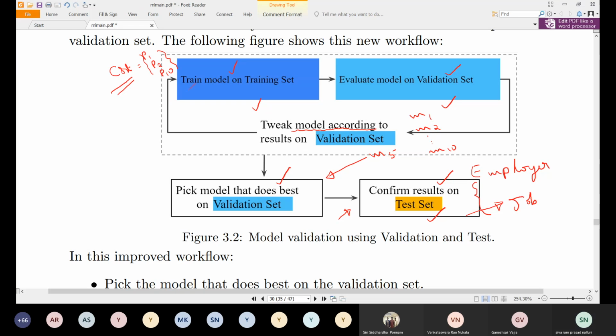Then what will the faculty member do? The faculty member will call you and correct any misconceptions about the concepts that are taught during the training phase.